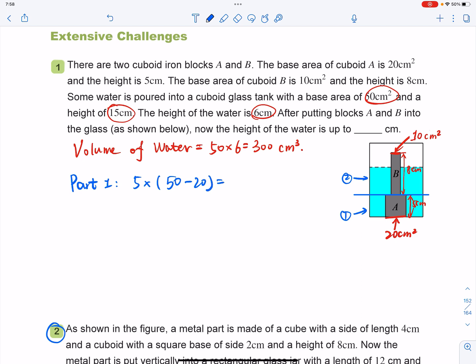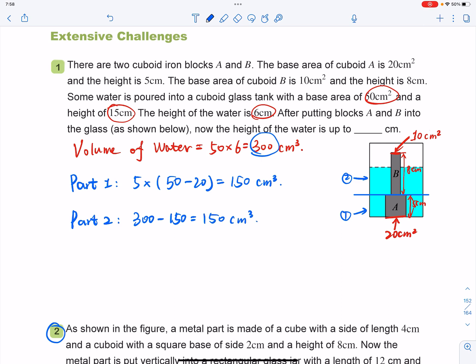Then we'll know that the volume of water in part 1 will be 150 cubic centimeters. And now for part 2, the volume of water equals, this is the total volume of water, right? So use 300 minus 150, you got 150 cubic centimeters as well.